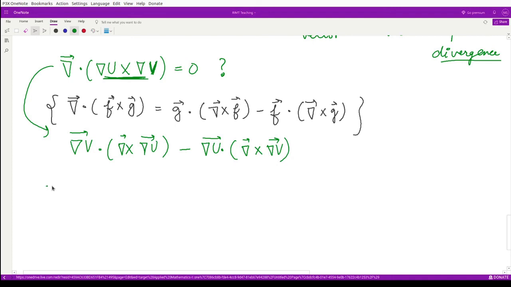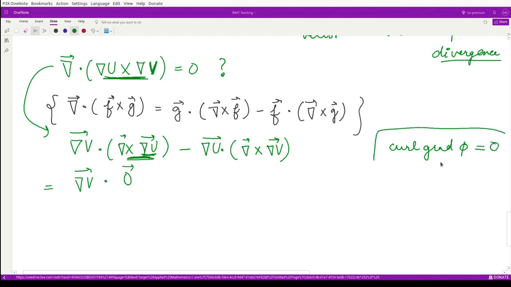Now this quantity will give you a zero vector. How? This is nothing but the curl of the gradient of phi. Phi is a scalar quantity, this is the gradient, and when you perform the cross product, this is the curl, which is always zero. You'll see that in the properties. If you are not convinced, let me calculate this for you.